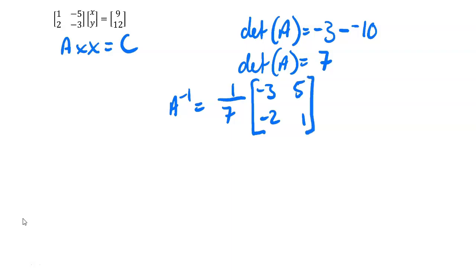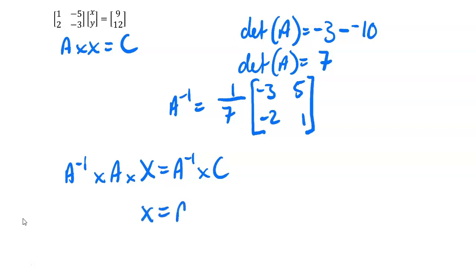Okay. So we've got A times X equals C. So I've got to times both sides by the inverse of A. Okay, get left with that.